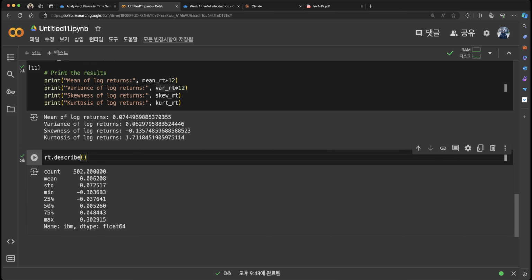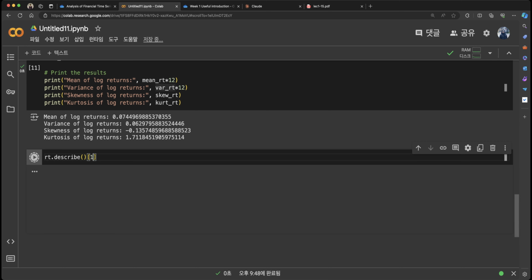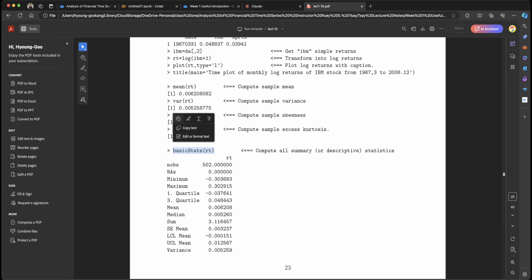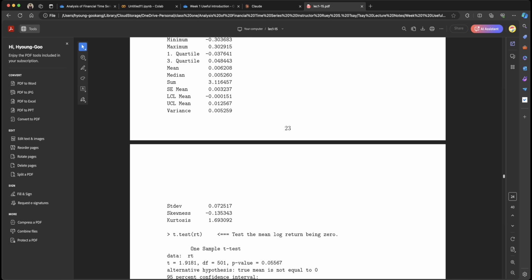If we want to take a look at only the second one, we can do this. Because Python starts from 0, the second one is 1. So this is the mean. So we can do the basic statistics.